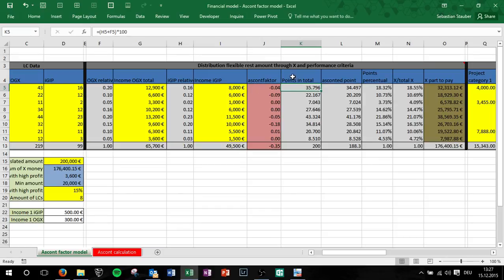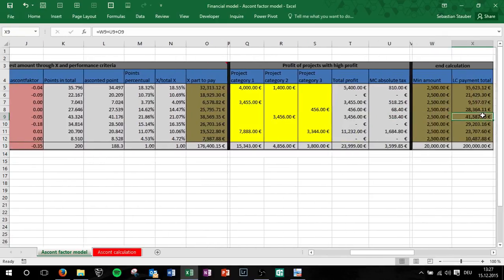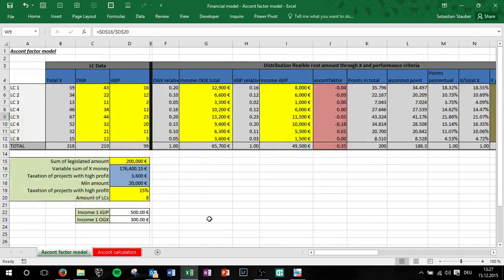Before we talk about these parts, we have a flexible part, profit of projects taxed, and a minimum amount to pay. For example, you have 200,000 euros which need to be distributed among the LCs. Then you have taxation of projects with high profit.